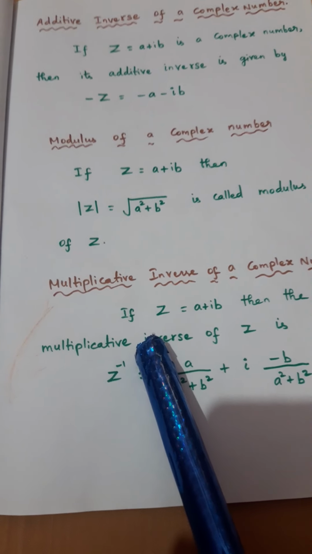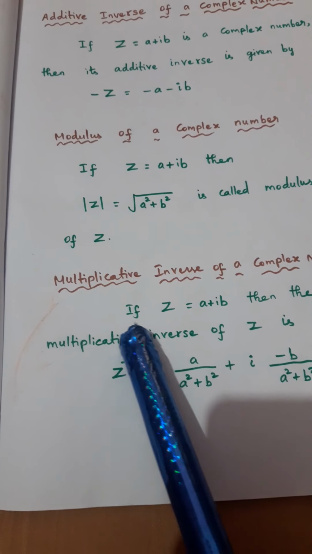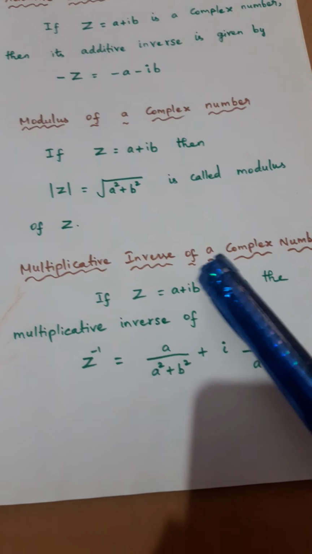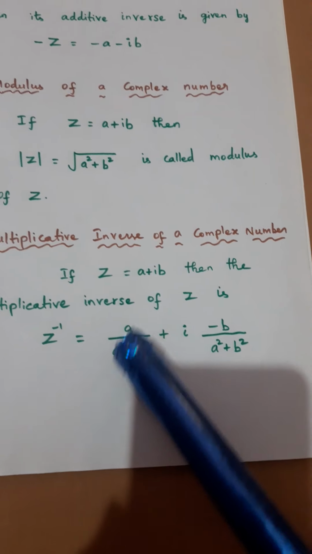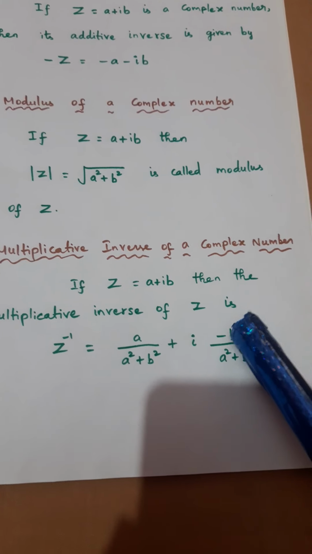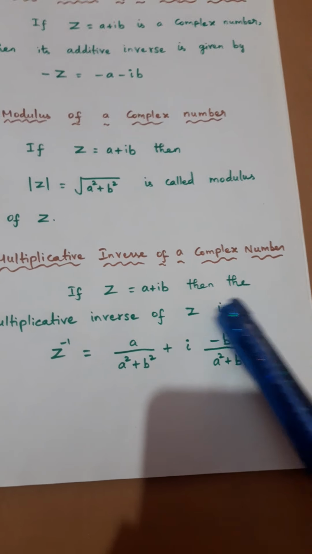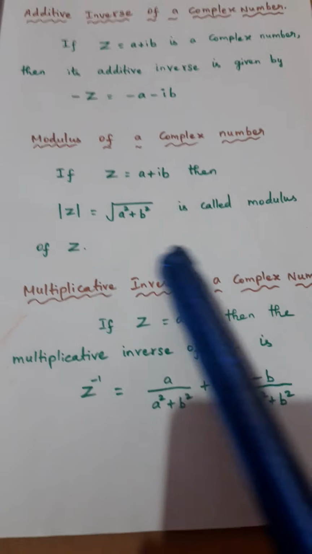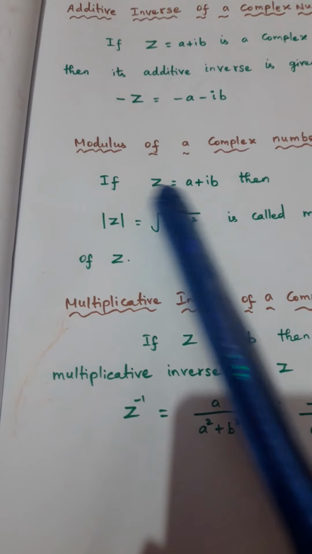How to understand this? This is called the multiplicative inverse of z. How to find it? The formula is a by a square plus b square plus i into minus b by a square plus b square. So this is the formula that you are going to memorize. This is another formula that you are going to memorize.